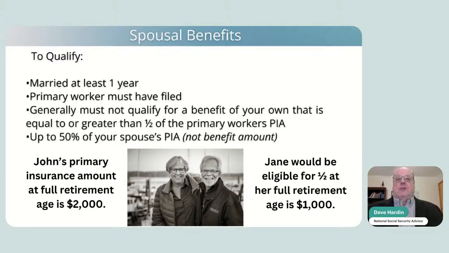Generally, you must not qualify for a benefit on your own that is equal to or greater than one half of the primary worker's PIA. PIA stands for primary insurance amount. Your full retirement age benefit is based on your 35 years of income prorated, and that determines the average, which determines how much you get as a benefit. But your spousal benefit depends on your PIA.